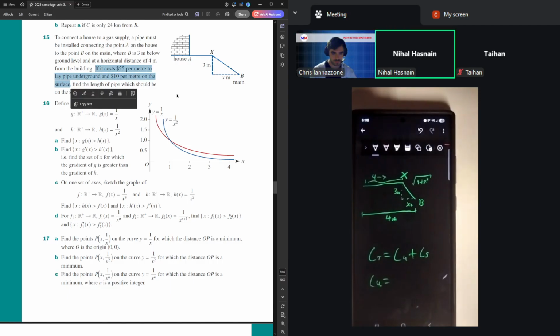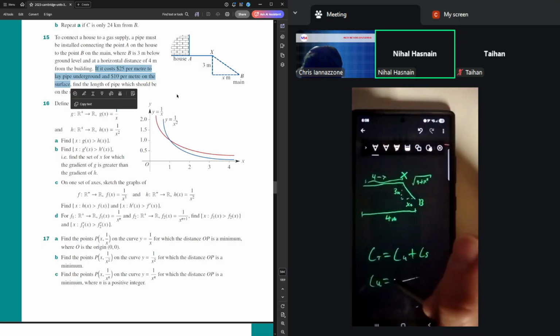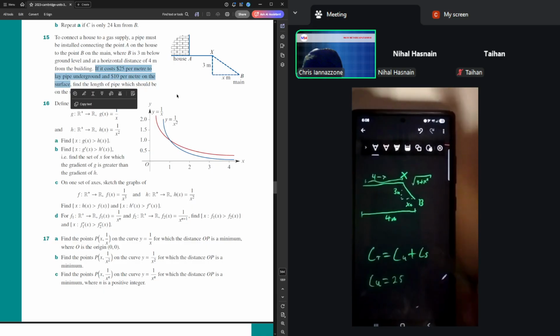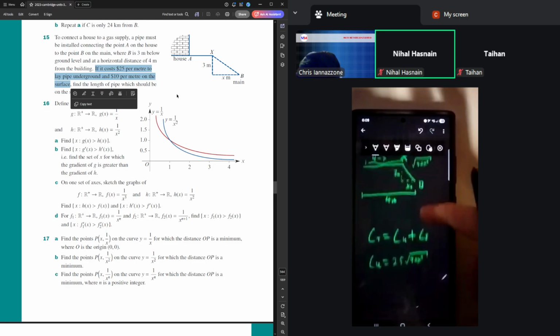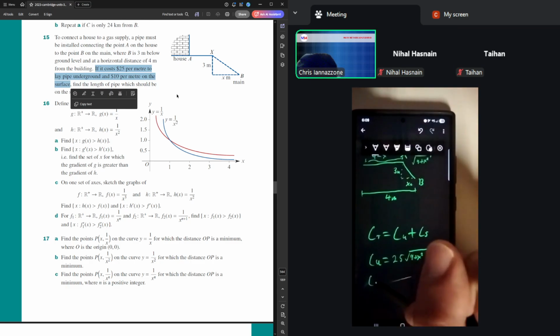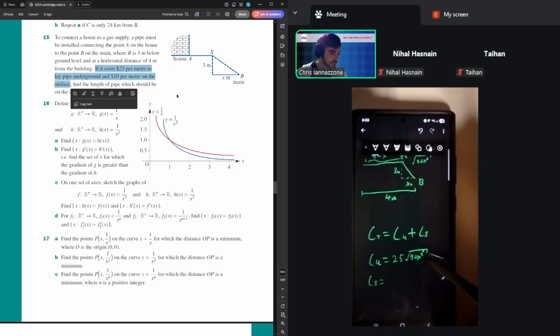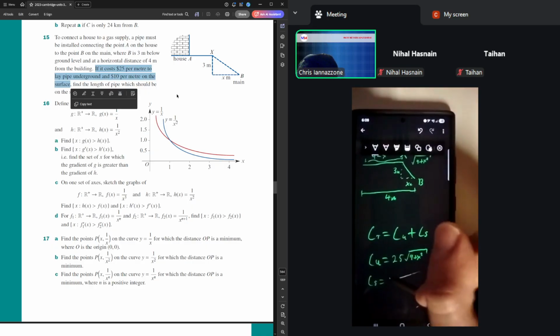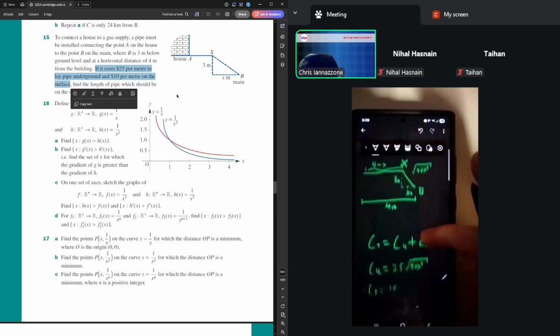We just multiplied by 25. Yep, that's right. $25 for the underground portion, multiplied by the total meters of the underground portion. Perfect. Exact same thing for the surface bit. So that's going to be the $10, and it's multiplied by the 4 minus x.